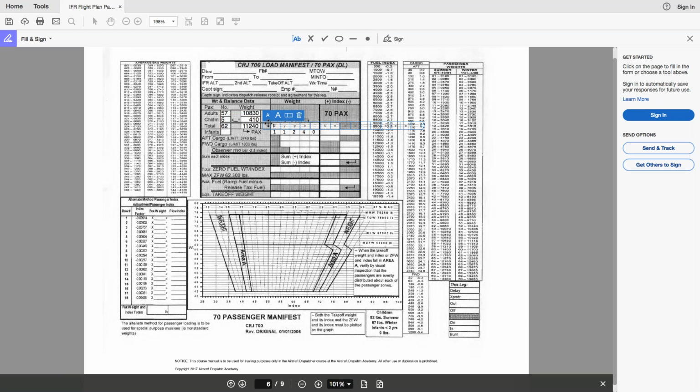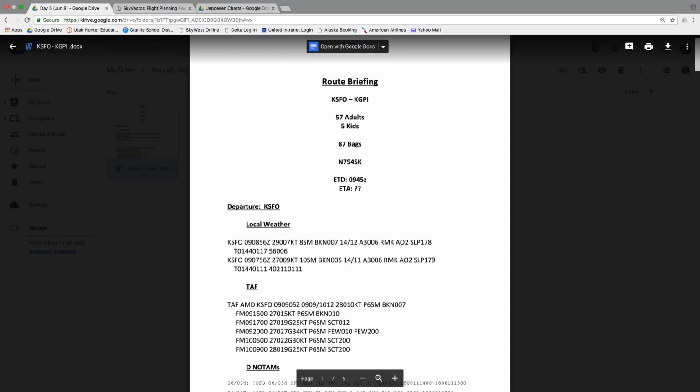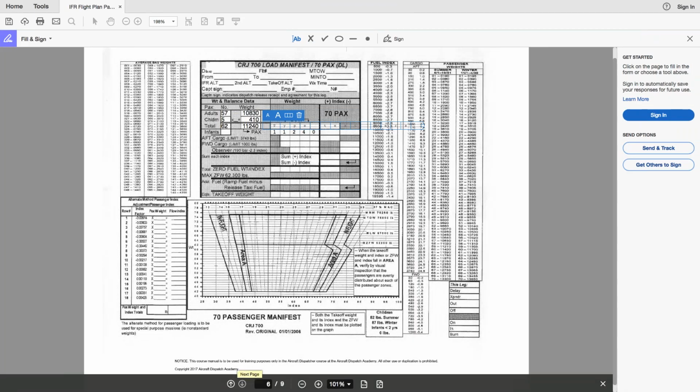Now we need to figure out what our bow weight is. So we come over here, 754 Sierra Kilo. 44,843.